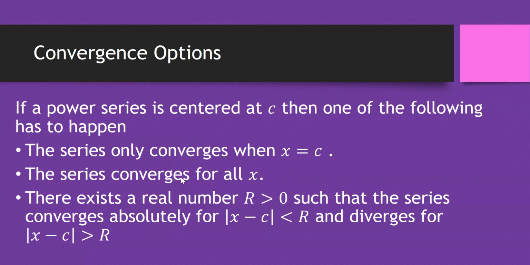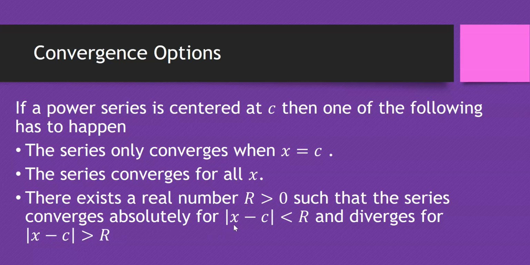The most interesting convergence option is that we converge within an interval. There exists a real number r, which is called the radius of convergence, such that the series converges when x minus c, in terms of absolute value, is less than r, and diverges when the absolute value of x minus c is greater than r.